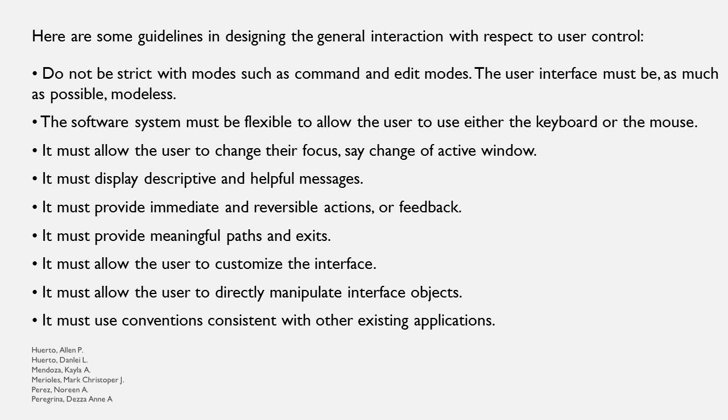The software system must be flexible to allow the user to use either the keyboard or the mouse. There are times when our keyboard is not available or our mouse is not available. So, the software system that we will make must be flexible, so that if one is not possible, we can use the other alternative resources.